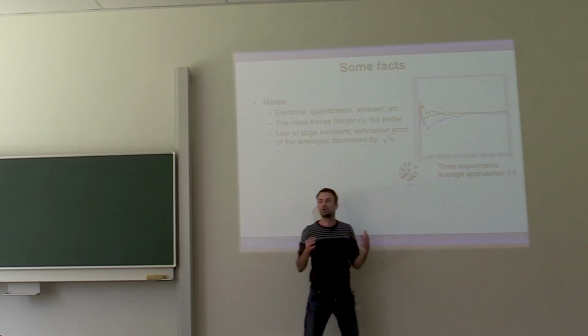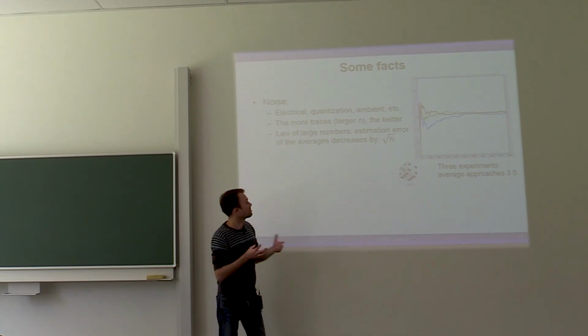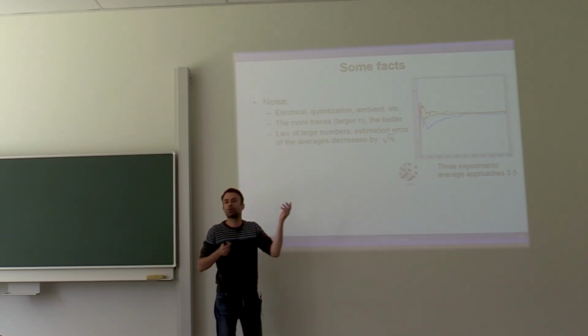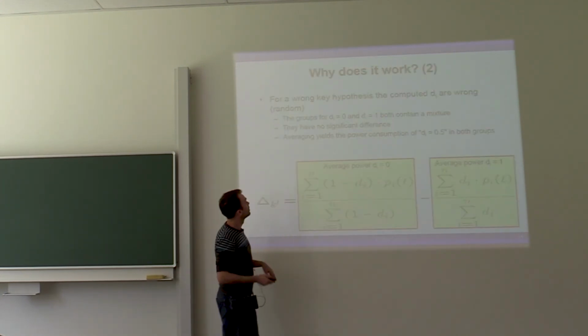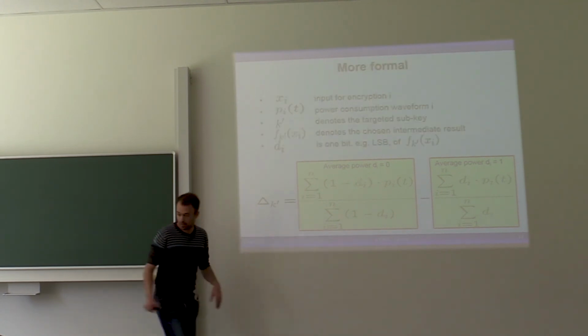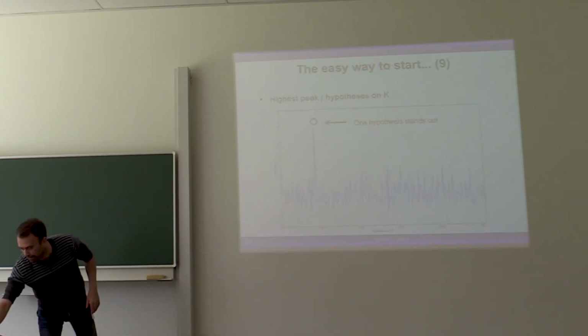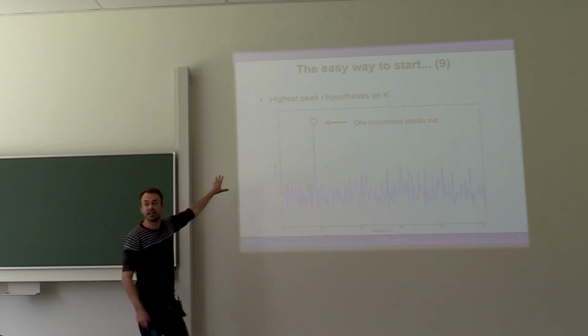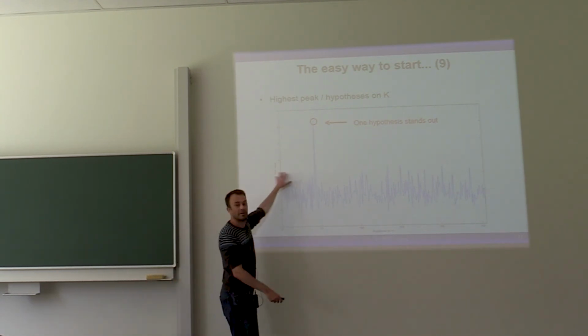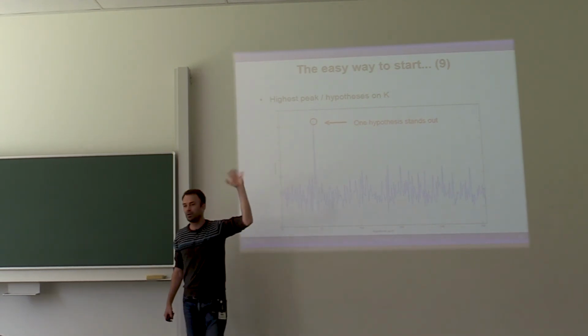So that means when we do DPA, and we are not sure, there's no clear peak that stands out. This is of course the textbook example. It's not often that it's that clear and says, hello, it's me.